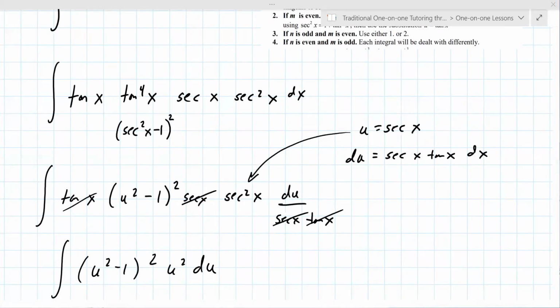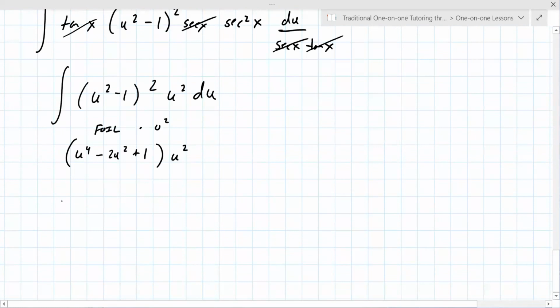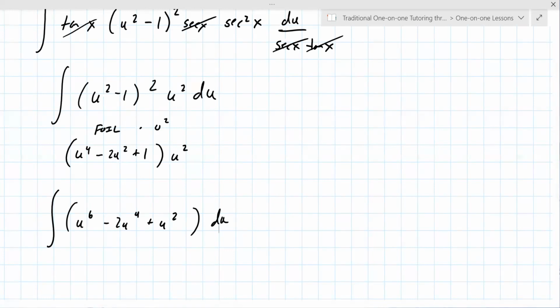Now that we've gotten down to this line, you have to FOIL this, and then multiply by u squared. So it's u to the 4th minus 2u squared plus 1, times u squared. We still have not integrated yet. u to the 6th minus 2u to the 4th plus u squared du. Now it's just power rule.